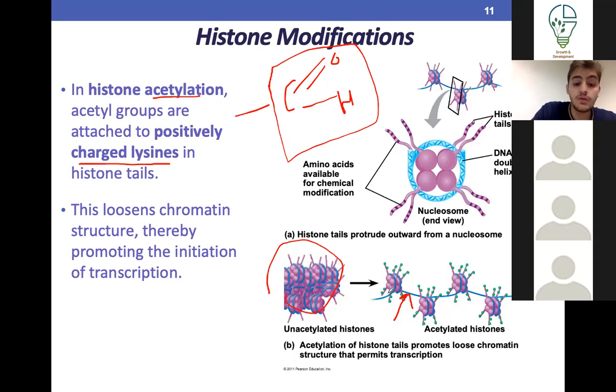So they'll ask, do you deacetylate the DNA? Do you acetylate the DNA? Do you deacetylate the histone, acetylate the histone? Is it at the lysine? Is it at the proline? Is it at the tail, or is it at the head? These are all keywords that they can play around with. So here's what you do. If you want to turn on a gene, you acetylate the lysine in the tail, okay? Now you have to memorize this, okay?